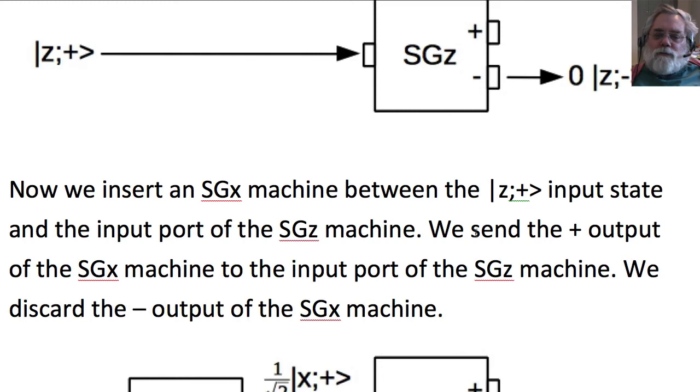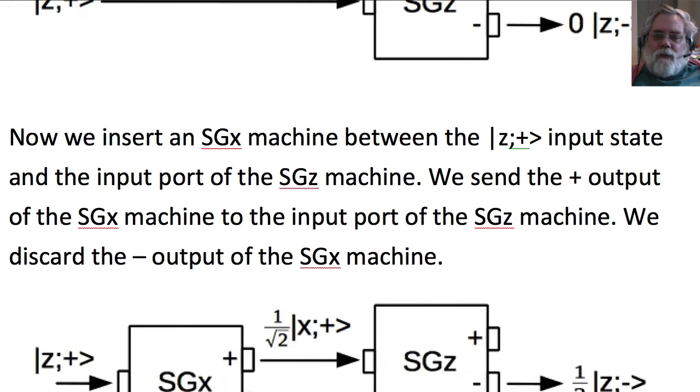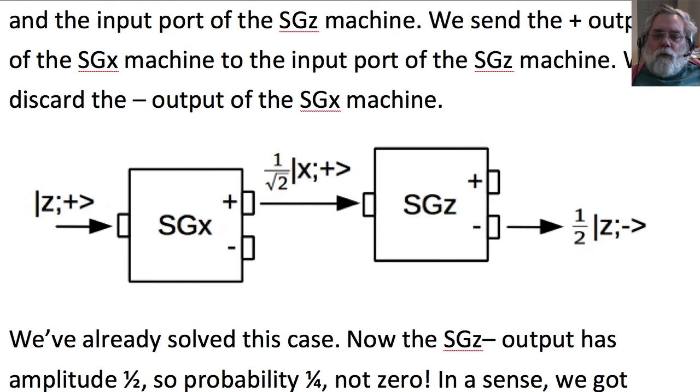Now we're going to insert an SGX machine in here between the Z plus input state and the input state of the SGZ machine. And we'll send the plus output of the SGX machine to the input port of the SGZ machine. We're going to discard the minus output of the SGX machine.